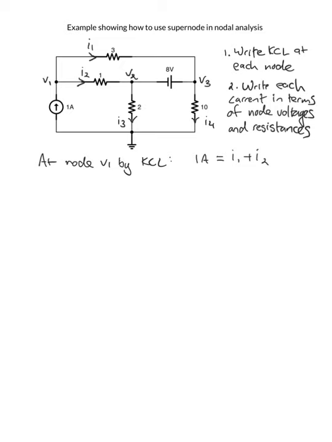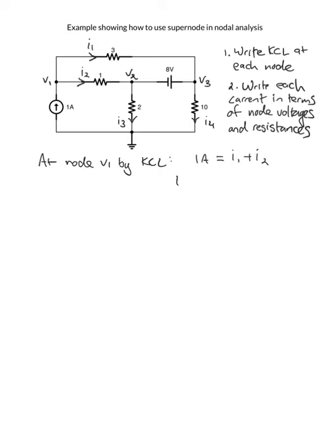Now we're going to write I1 and I2 in terms of the node voltages. So you can see current I1 is flowing along here. It's flowing from V1 through the 3 ohm resistor to V3.